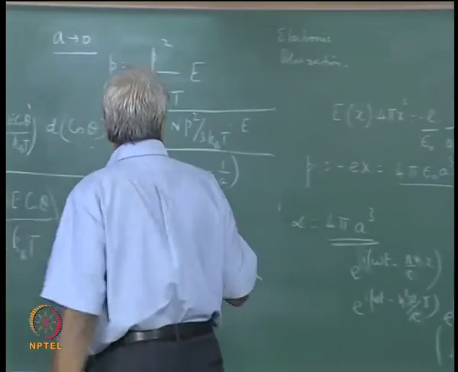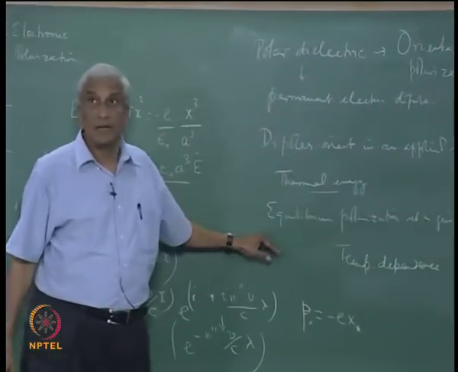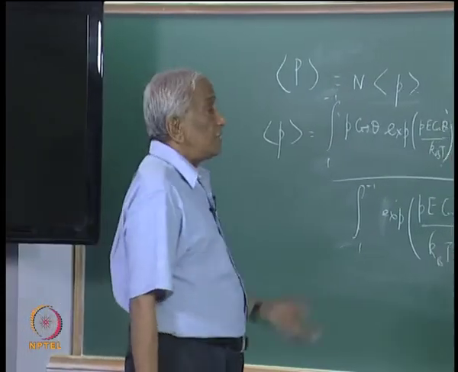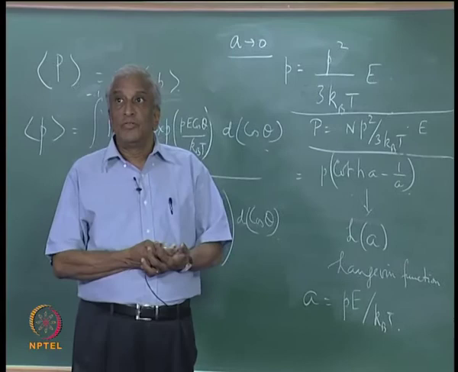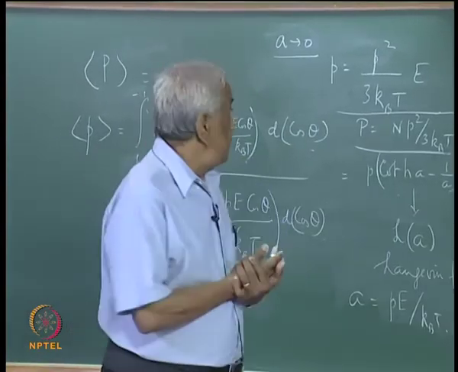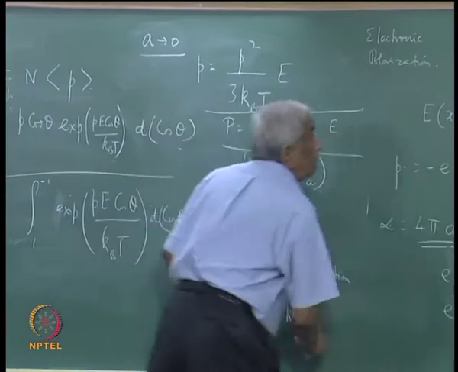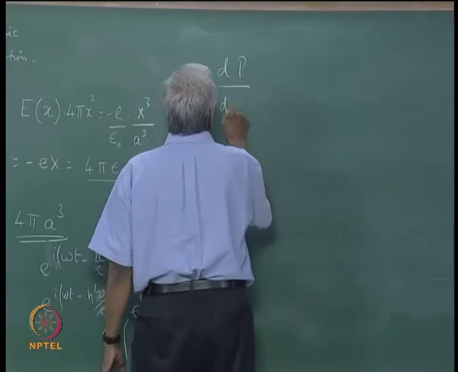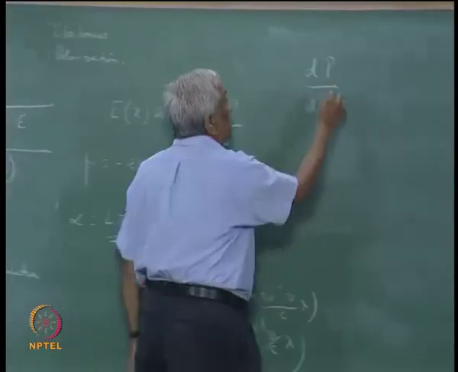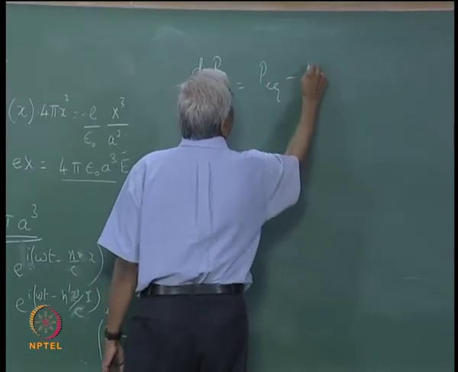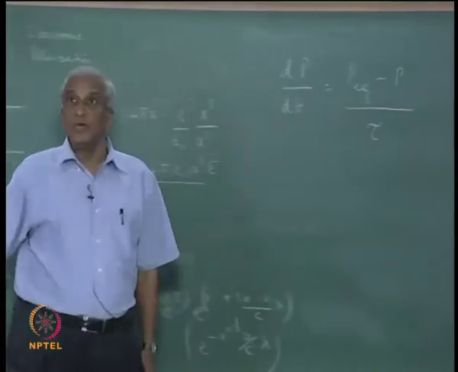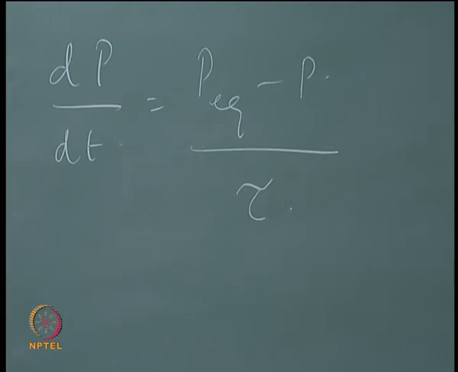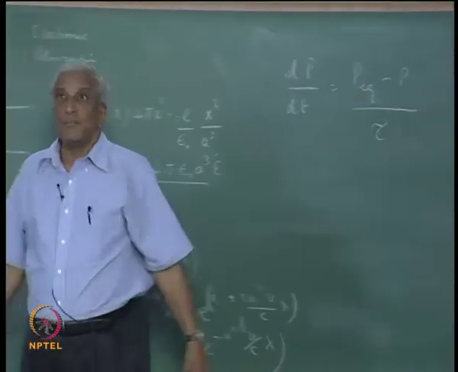Now, this alignment, the equilibrium alignment of the dipoles, is not of course an instantaneous process and is governed by a relaxation time. So, there is a time dependent polarization which is due to the alignment of these dipoles. The time dependence of the polarization can be written as dP/dt equals P equilibrium minus P by tau, where tau is a characteristic relaxation time for the dipoles to get aligned, and P equilibrium is the equilibrium polarization.